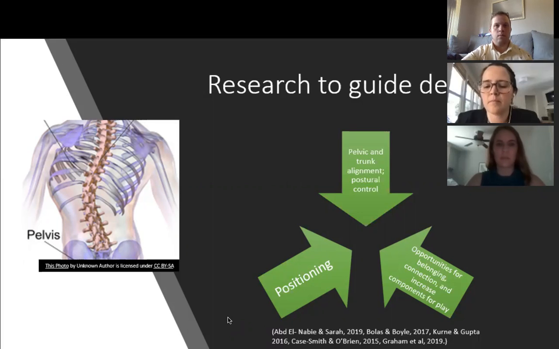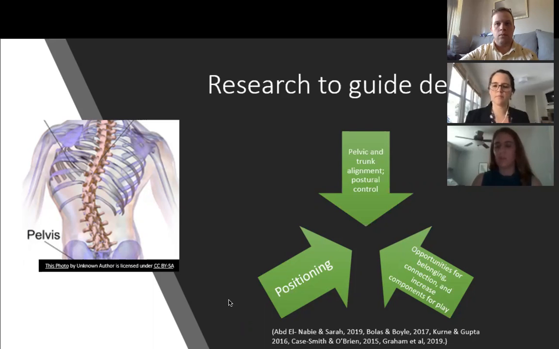So working on supporting their own core or pumping their legs on their own for strength, or they can focus more on the adaptation of quality of the swing. And then we also wanted to consider visual development for social participation in play, so they can look out into the park and see other people.